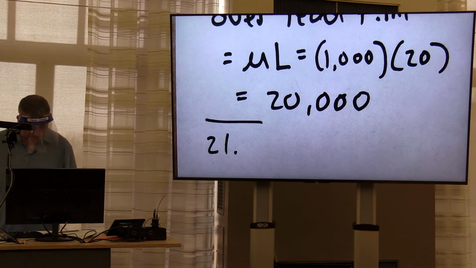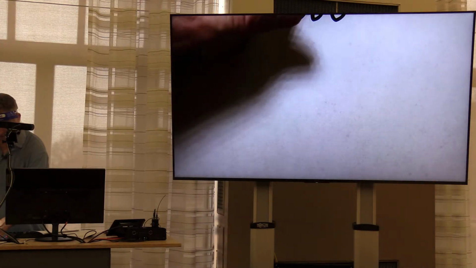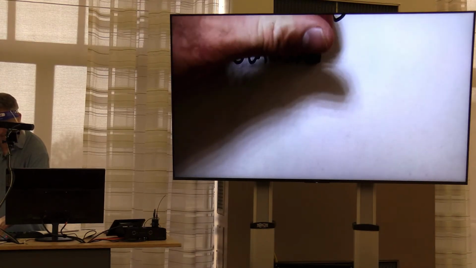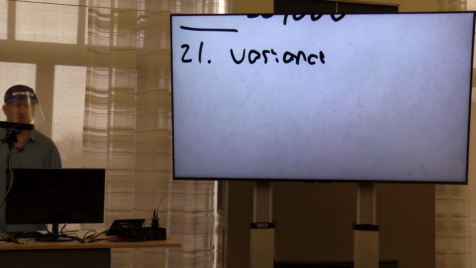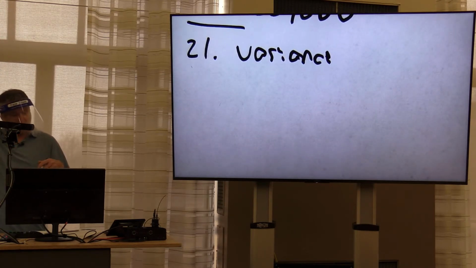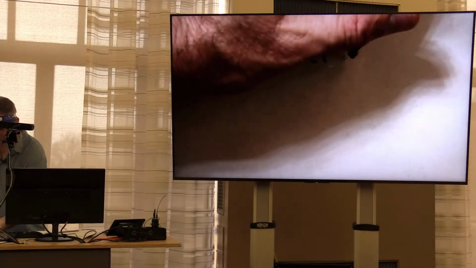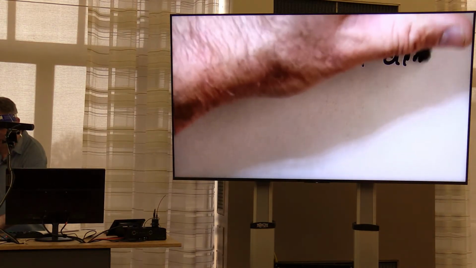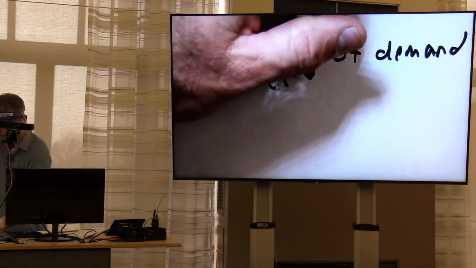Number 21 says, what is the variance of daily demand over lead time? Instead of saying variance of daily demand over lead time, that's a little bit confusing. It's just variance of demand over lead time. So when you say over lead time, we are talking about the variance of demand over the 20 days. I really shouldn't have the word daily in there. That could confuse you. So, variance of demand over lead time.